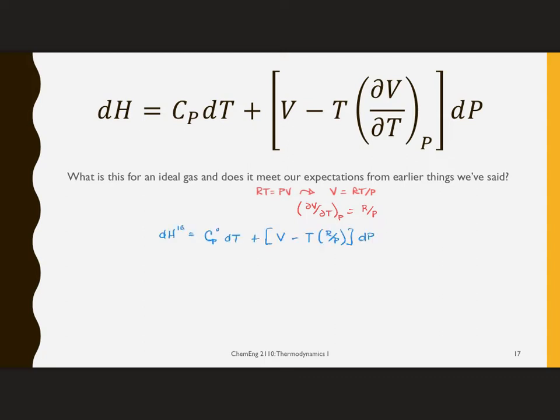dH for the ideal gas, so I used a superscript Ig to indicate that, is C sub P naught.